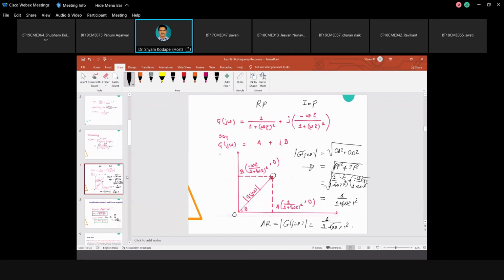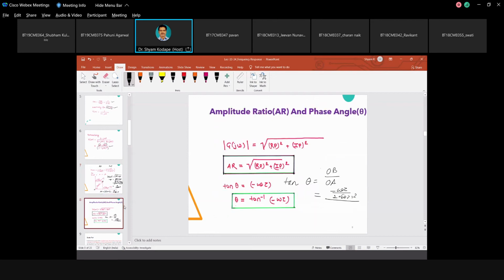OA is nothing but 1 upon 1 plus omega tau square. On solving this, you will come to know that tan theta comes out to be minus omega tau, or theta is equal to tan inverse of minus omega tau.